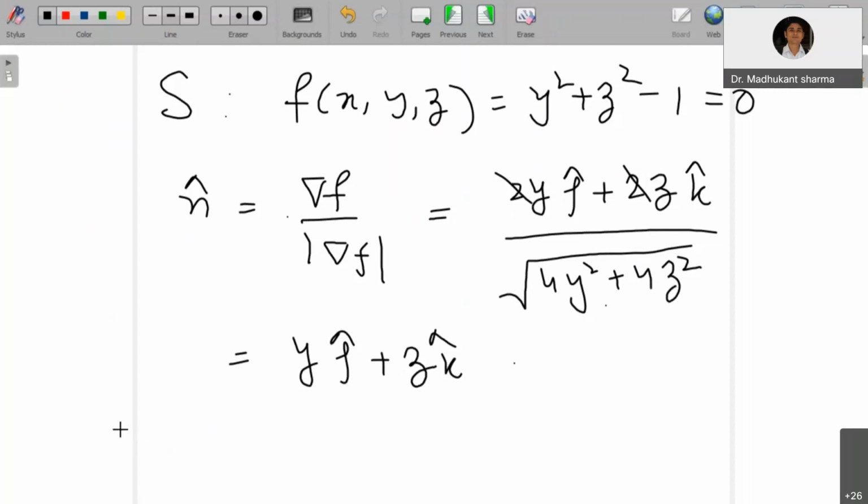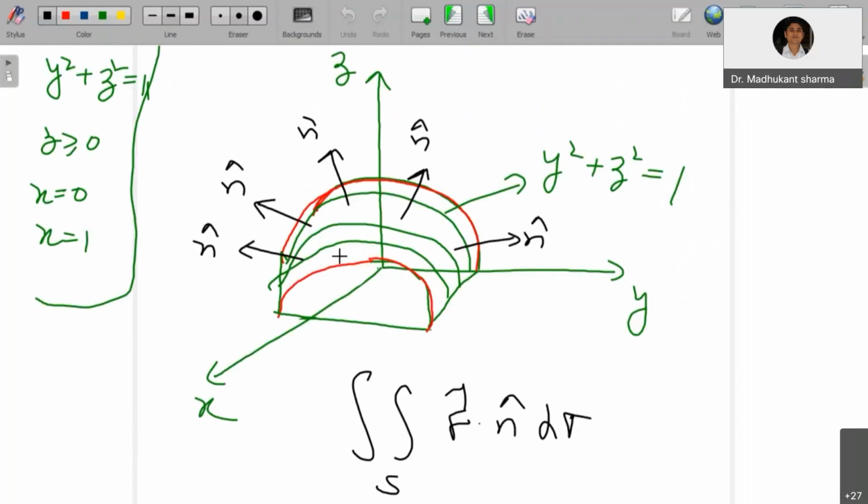Okay, now the surface area element is nothing but mod grad f divided by mod grad f dot k, with the shadow. What is the shadow?